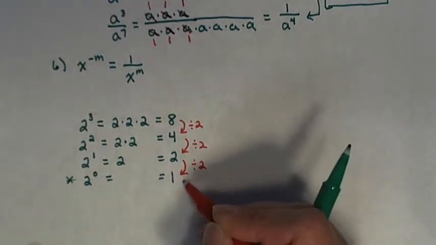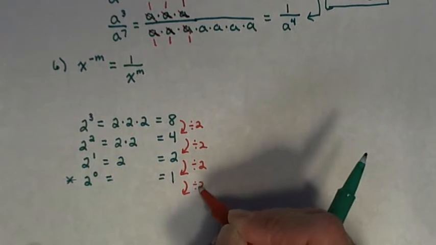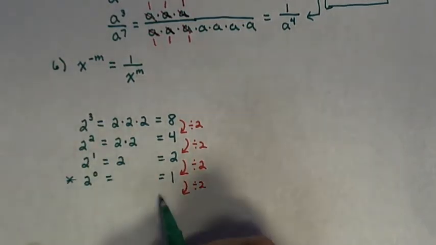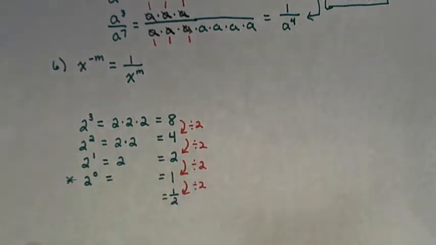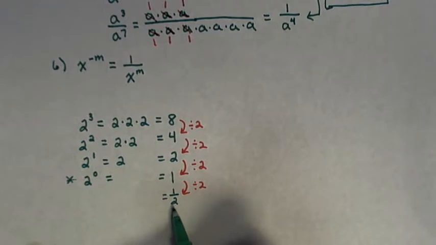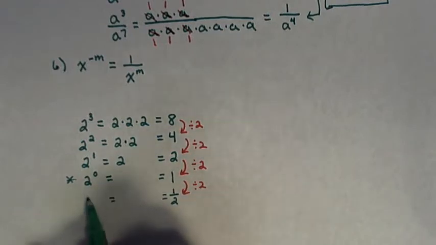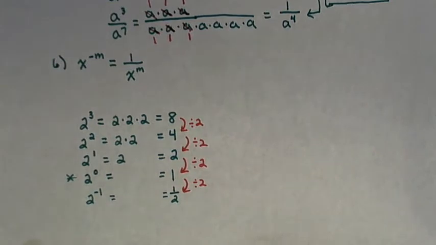If I take 1 and divide it by 2, another way of viewing that is 1 over 2. That is the same as 1 divided by 2. And so this is 1/2. So notice that this corresponds to, on the other side here, 2 to the negative 1. 2 to the negative 1 is 1/2.